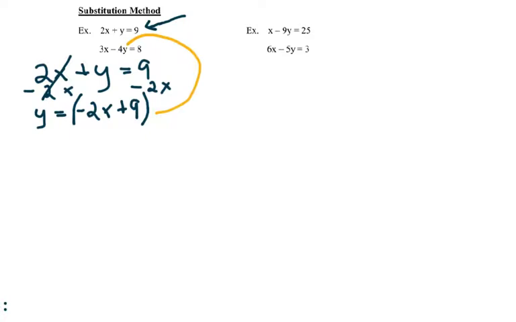So that entire quantity of negative 2x plus 9 is going to get substituted in for the y in the second equation. And when I do that, here's what I would have. I would have 3x minus 4, and now here comes that quantity, times the quantity negative 2x plus 9, and then equals 8.